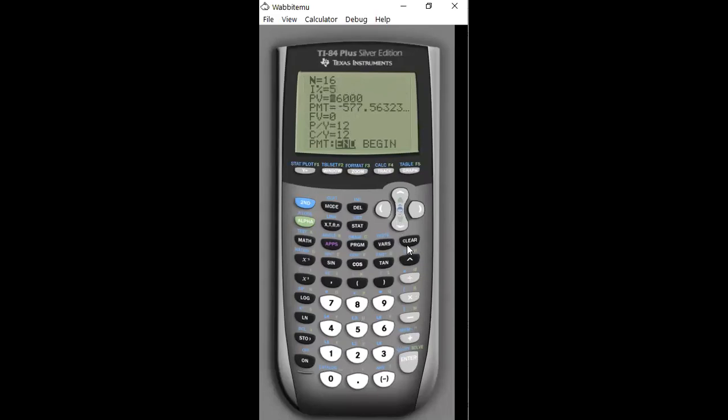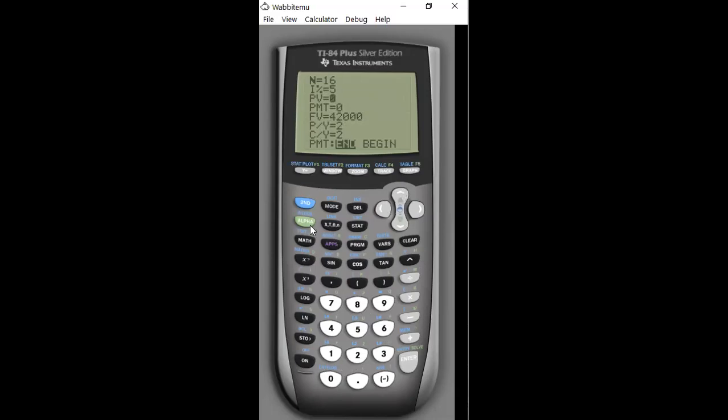And clear the present value and clear the payment. And now the future value we want to get is 42,000. Okay. Then the payments per year here is semi-annually, right? So I have 2, so the compounding is 2.